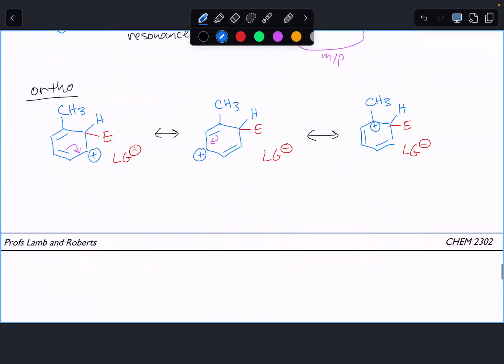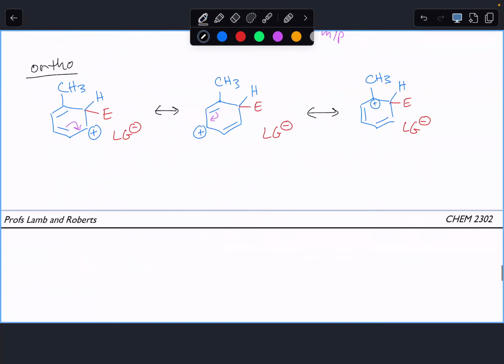Okay, I'm going to compare that to the meta case. Where I attach to, oh, sorry, I have it drawn on the other side for where I had it drawn before. Like so, positive charge here.